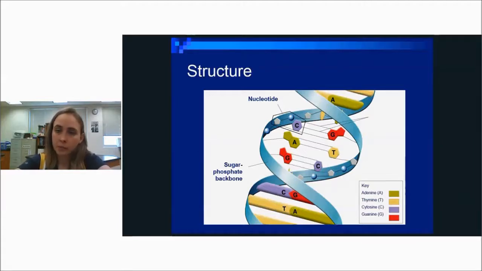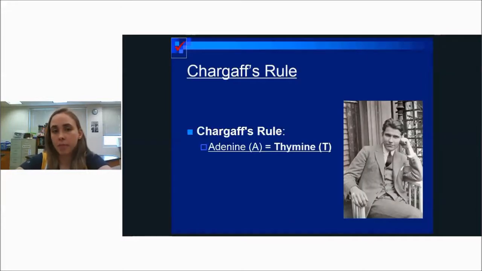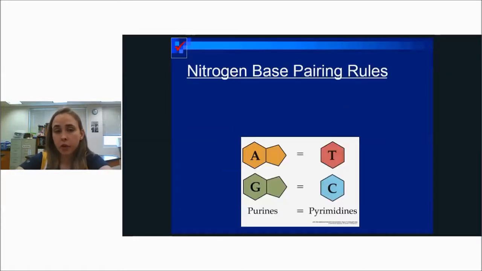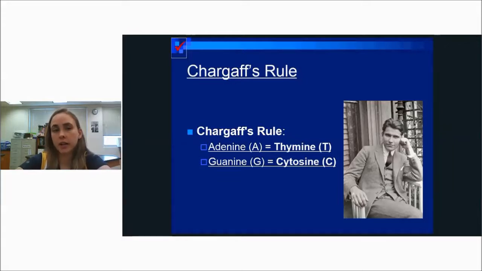But A always bonds to T, and G always bonds to C. That was discovered by Erwin Chargaff, who was a scientist that came up with the pairing of the purines and the pyrimidines, that there was an equivalency between how much adenine there was and how much thymine there was, and between guanine and cytosine. That is because for every adenine, it bonds to a thymine, and guanine bonds to cytosine. So A to T and G to C.